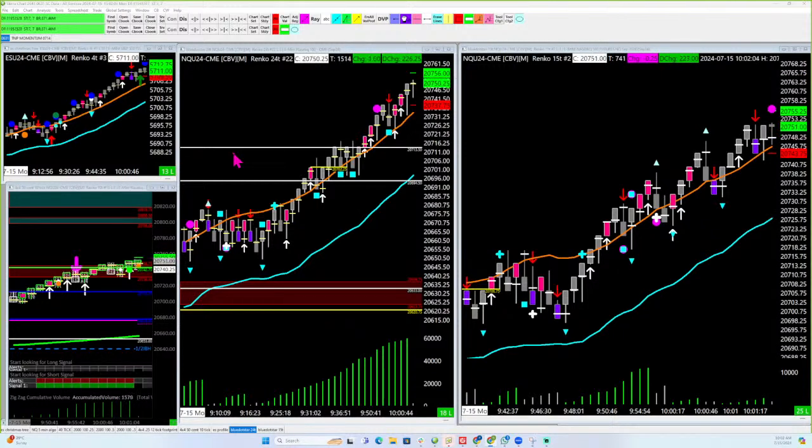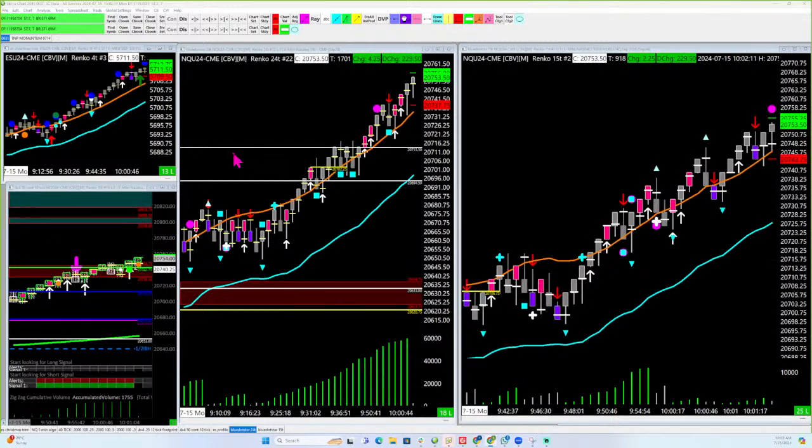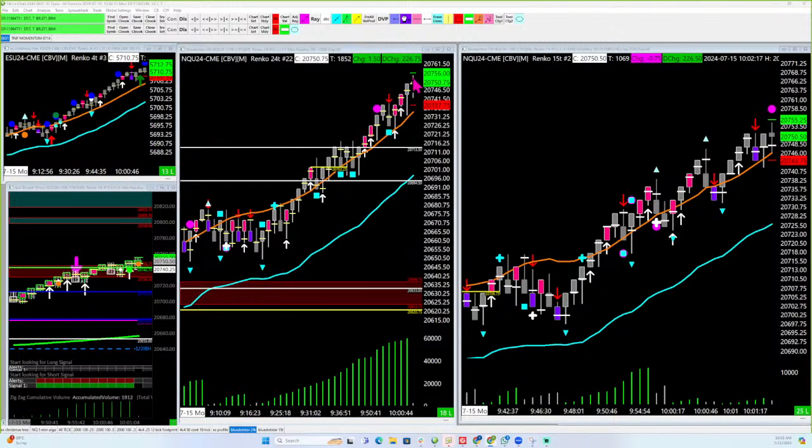See how the plus sign disappears if you don't get the second bar down? And there's no plus sign on the 15 tick, on the 24 tick. It was there and it disappeared. They didn't get the second bar down. It's just crazy how strong this thing is.